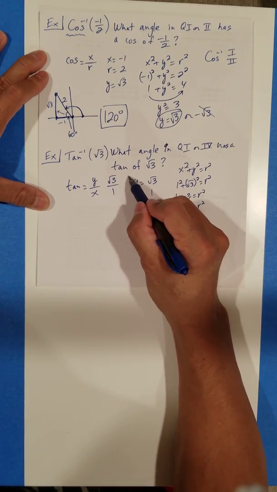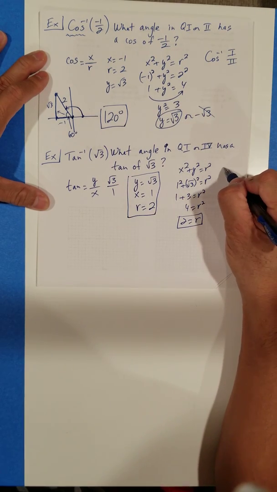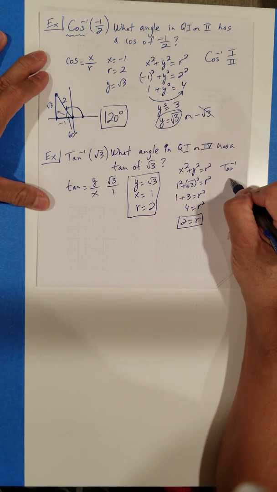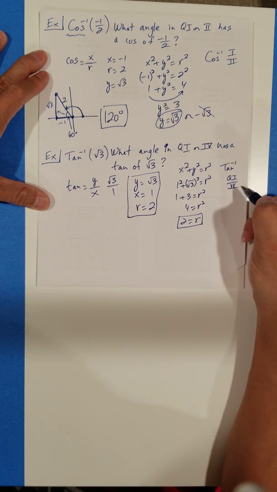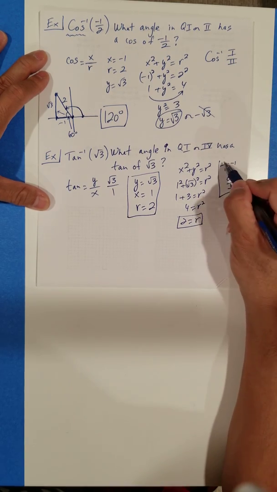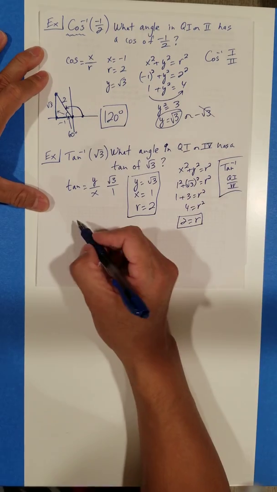So now, looking at these 3 here, where are we? Remember, tangent is only in quadrant 1 and 4. Now, what quadrant are we in when x is positive and y is positive? Let's draw that out.